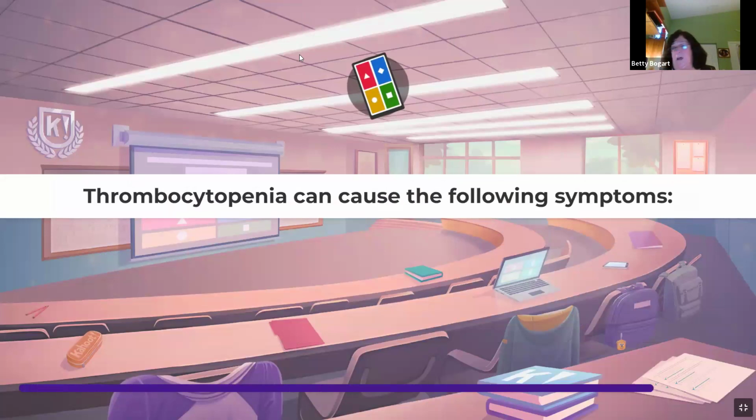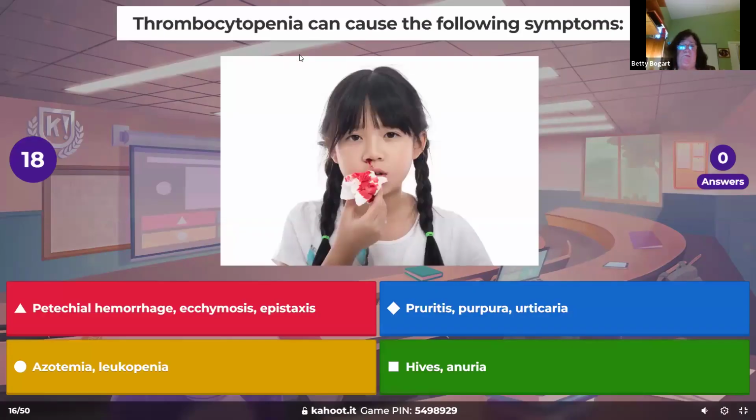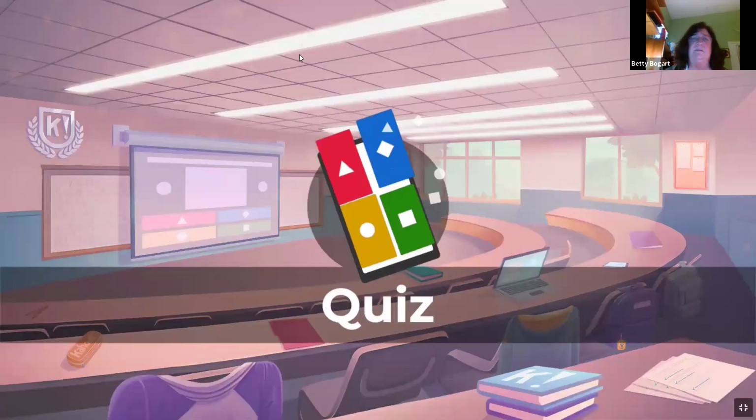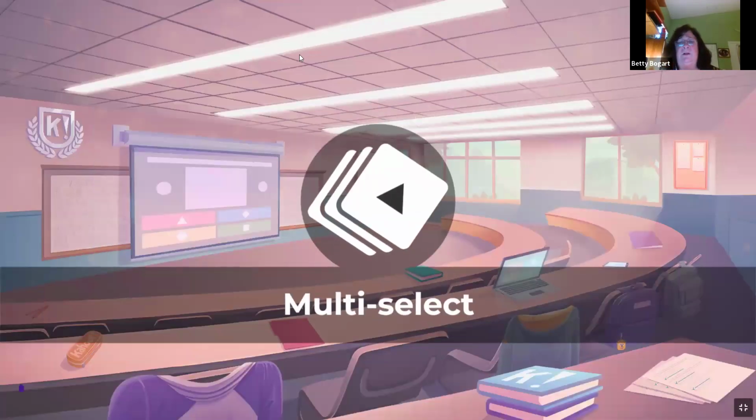Thrombocytopenia can cause the following symptoms. So that is the petechial hemorrhage, ecchymosis, epistaxis. A lot of times it's the bruising that brings them in, or the nosebleed, the epistaxis. They didn't know before then.